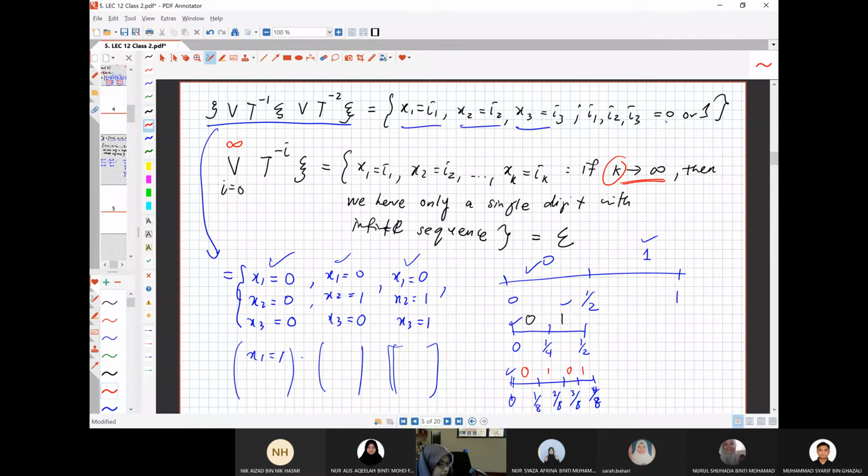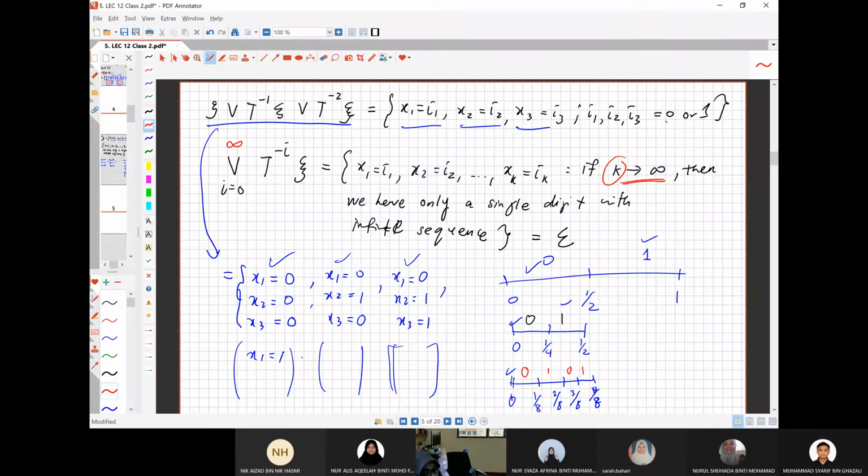That means you are fixing all the coordinates to all digits, all. So how do you think berapa banyak? Maksudnya dia akan jadi single digit, betul tak? Sebab kalau kita fixing the first coordinate, 2 coordinate, 3 coordinate, 4 coordinate, 5 coordinate sampai infinity punya coordinate, dia jadi single digit.